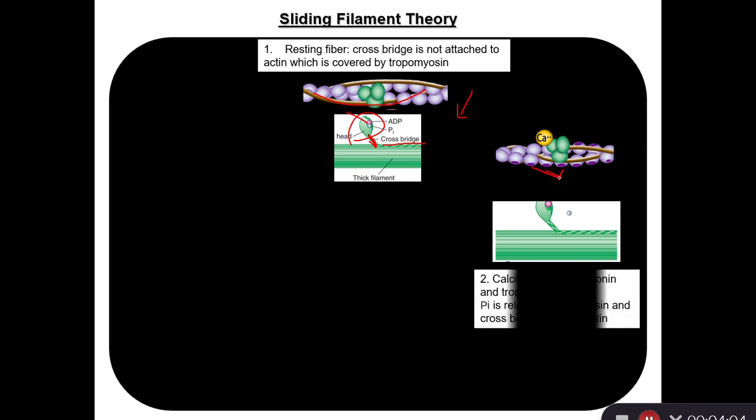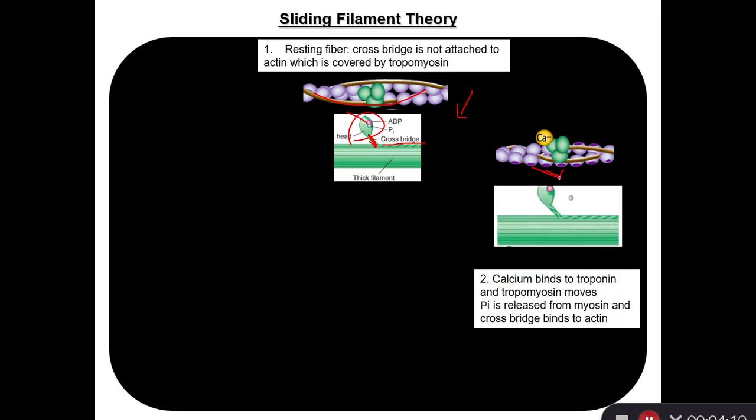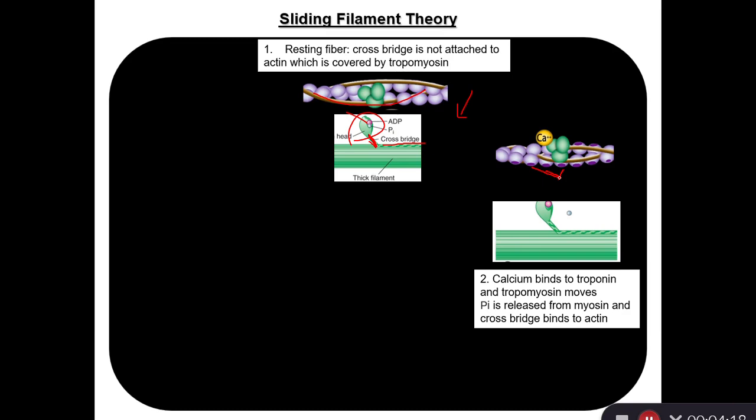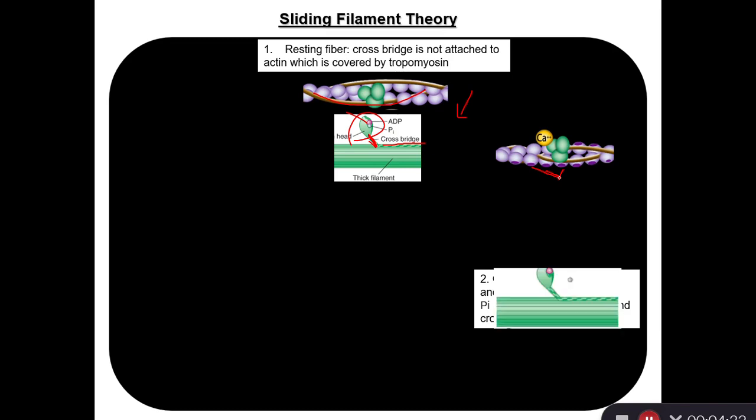So what will happen here is that the myosin goes to attach to the actin, the myosin binding sites on actin. So when the actin binding sites for myosin are exposed, not covered, then the myosin head attaches there.